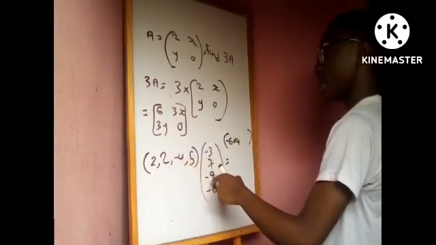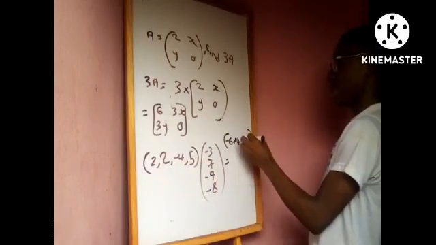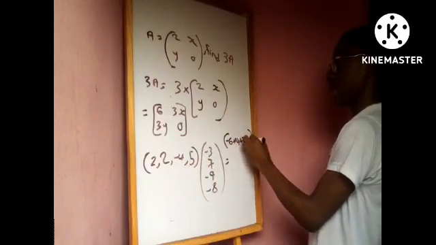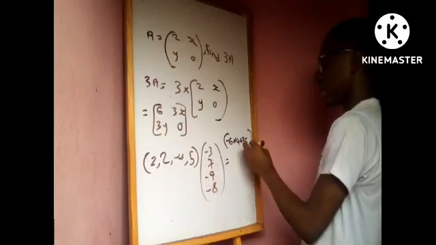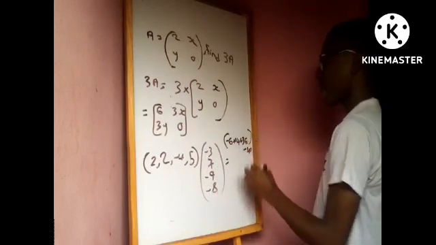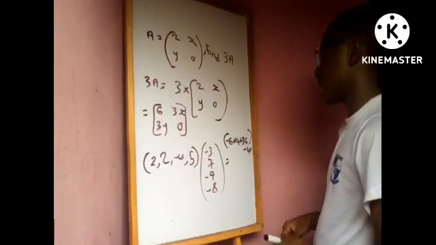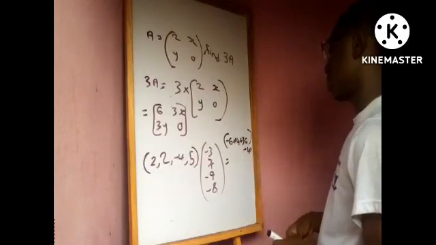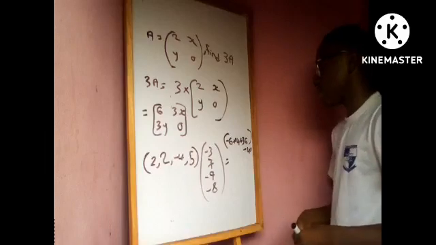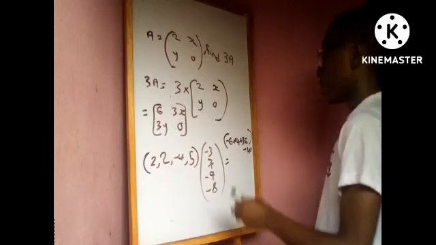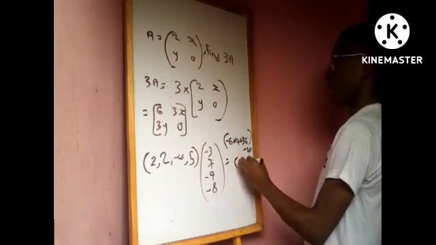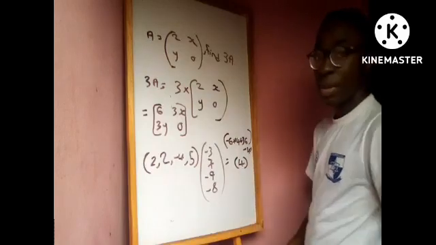Then minus 4 times minus 9 is plus 36. 5 times minus 8 is minus 40. So when we add everything together, minus 6 plus 14 plus 36 minus 40, at the end of the day we get 4. So our answer is a 1 by 1 matrix, 4.